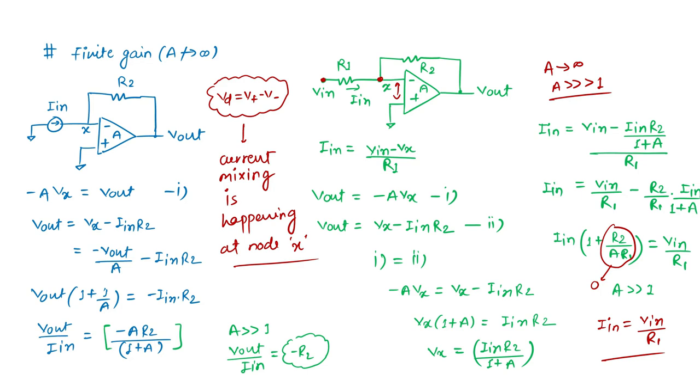If at any one node the input is directly connected and the other node comes from the output feedback, the difference voltage is applied at the amplifier's input. If either V positive or V negative is my input directly, then there is voltage mixing happening at the input. That is the case of the inverting and non-inverting amplifier. We'll see it soon.